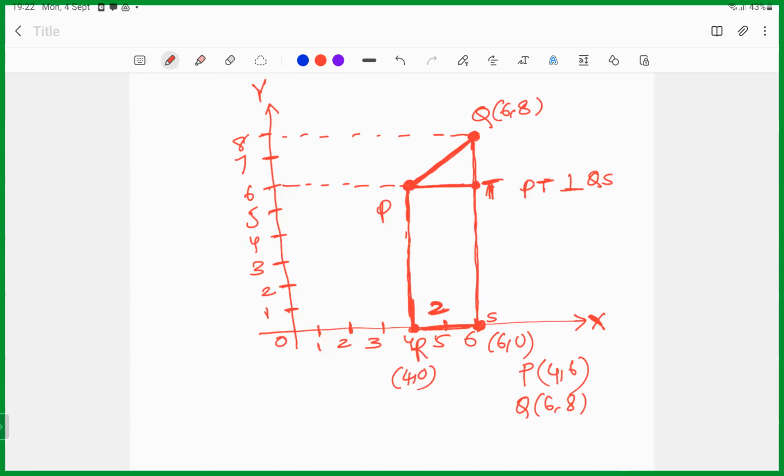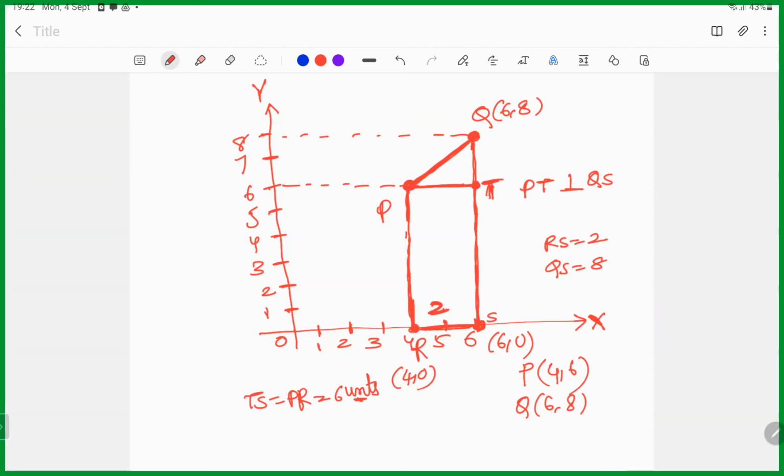QS will be 8 units, right? RS is 2 units, QS is 8 units. And TS equals PR, right? Which is equal to 6 units.